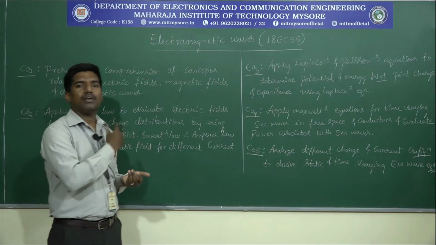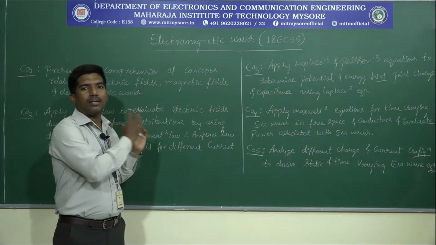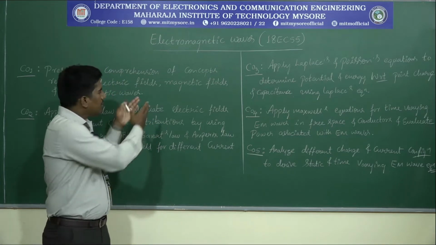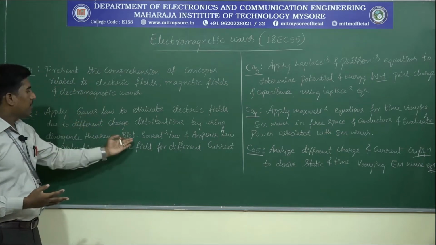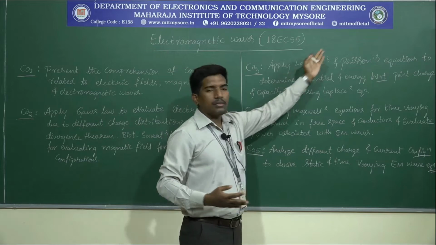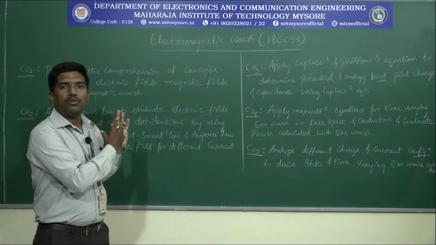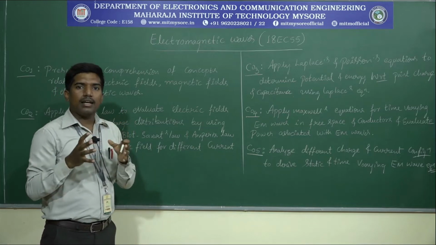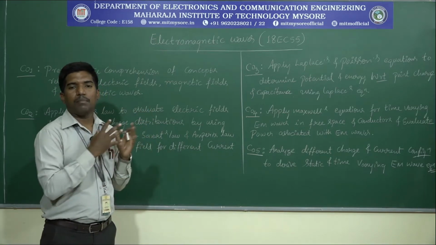How are we going to analyze mathematically? We are going to understand these things by using vector theory and these laws. What are those laws? Gauss law, Biot-Savart's law, Ampere's law, Maxwell's equations, Laplace and Poisson's equation. These all come under electromagnetic theory in order to understand the background aspects of these applications.